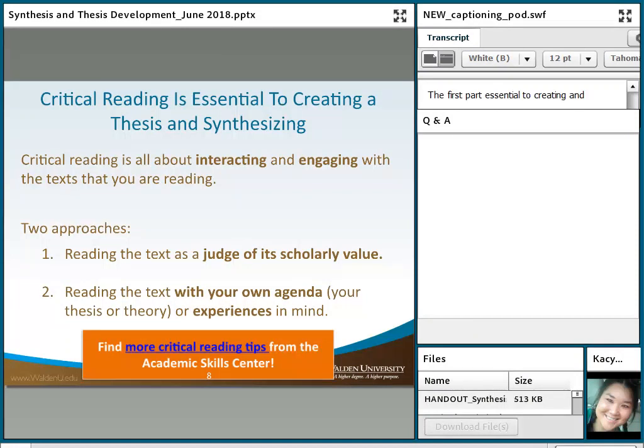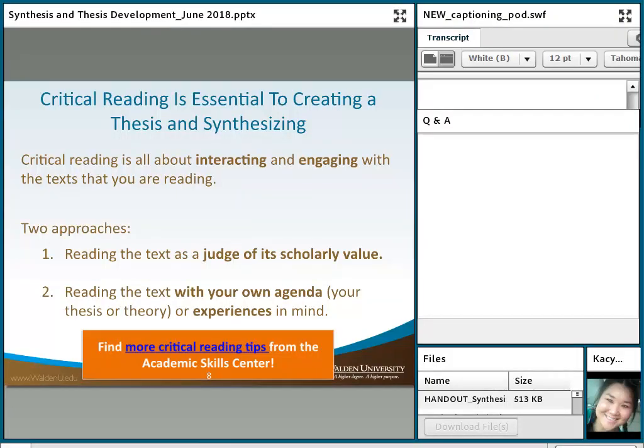The first part of thesis creating and synthesizing is actually the reading that you're doing prior to any writing at all. So this seems like maybe a pre-step, but it's so important for both analyzing and paraphrasing and getting all of those pieces that you need to create an effective thesis and to effectively synthesize your information.